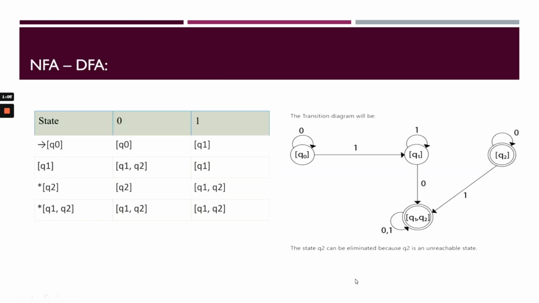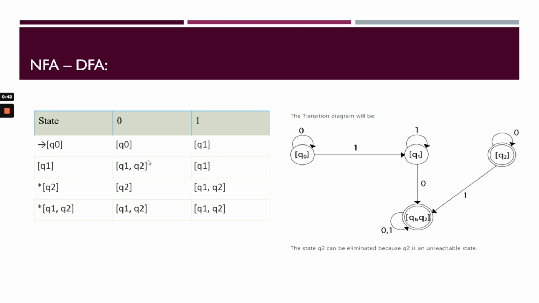The states in which q2 is present are taken as final states, which are represented with a double circle. So here are the states in the DFA: q0, q1, q2, {q1, q2}. In this, q0 is the initial state, and q2 and {q1, q2} are the final states.